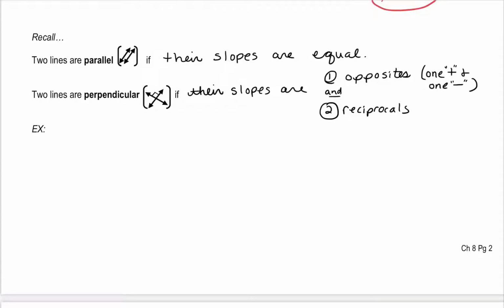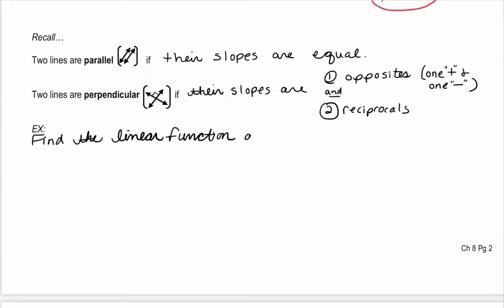All right, let's look at an example. So we are going to find the linear function. Remember, we talked about in the last video, that just means find the equation of a line.